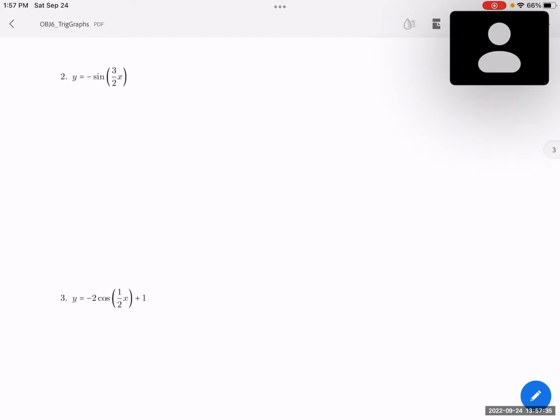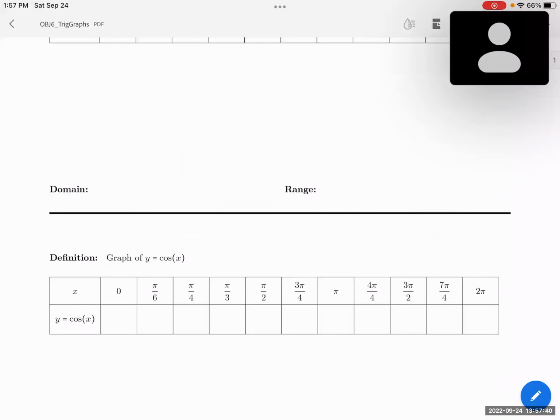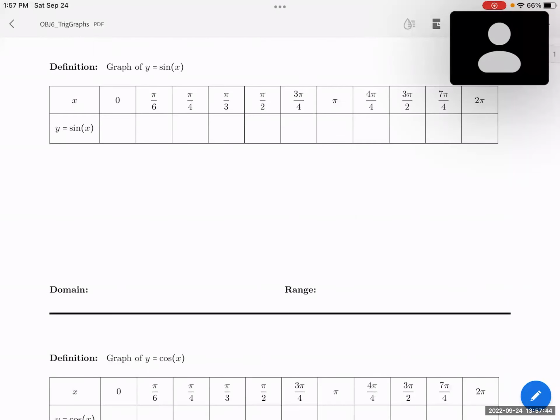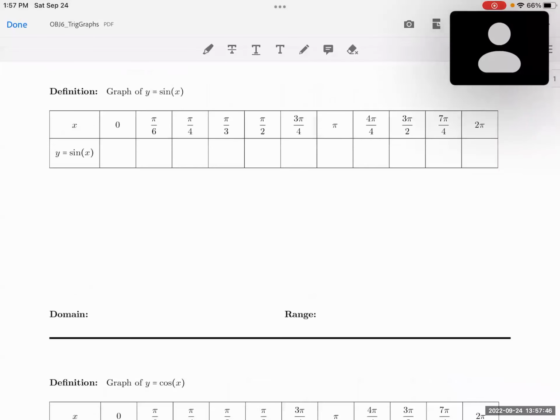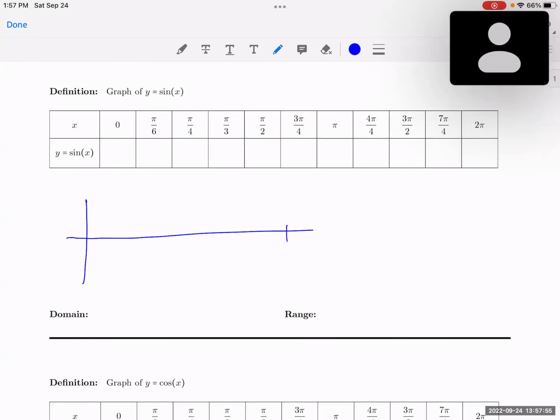Just to refresh our memory, our graphs of sine and cosine, I'm going to fill them in really quickly here. Okay, so our basic sine graph, our normal period is 2 pi, and we're going to cut that into 4 equal pieces. You start by cutting it in half and then cutting it in half again.